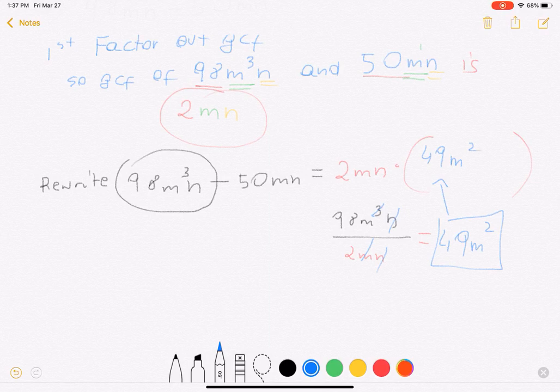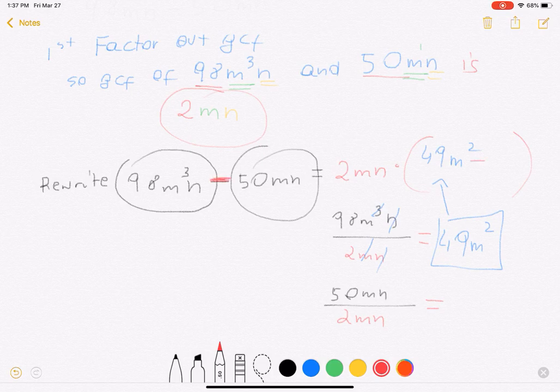We're going to do the same thing with 50mn. Take that 50mn and divide by the GCF, which is 2mn, to know exactly what goes inside the parentheses. Again, don't forget that we have a minus here. Since you have a minus, of course we'll have a minus here also.